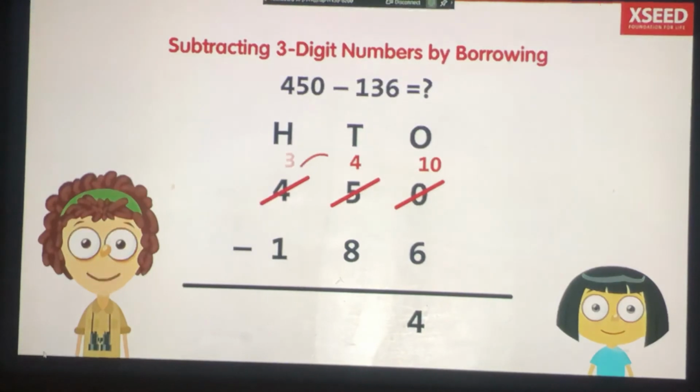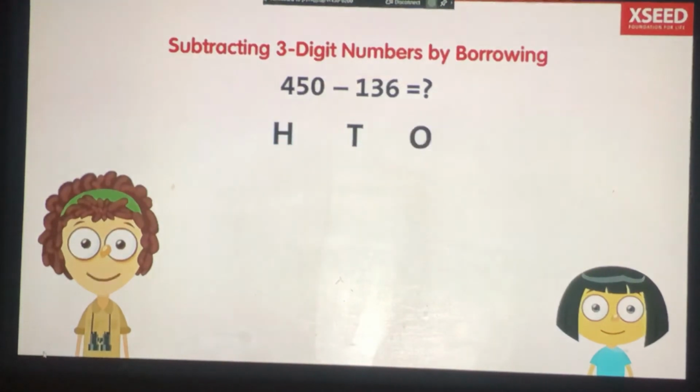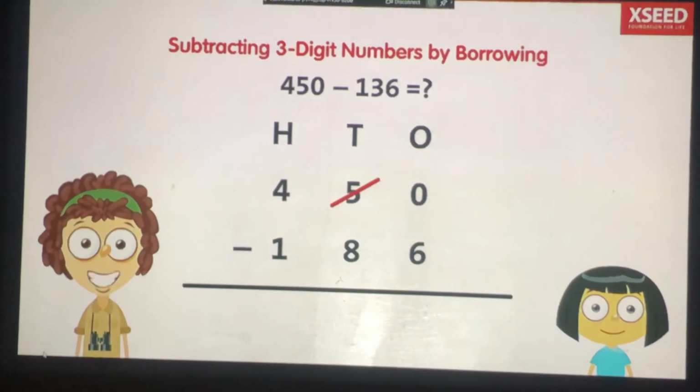In the subtraction of two numbers, we borrow ones from tens and tens from hundreds when the number of ones and tens to be subtracted is more than the number of ones and tens to be subtracted from. We will now solve a problem. But before that, let's watch Cool Talk again.